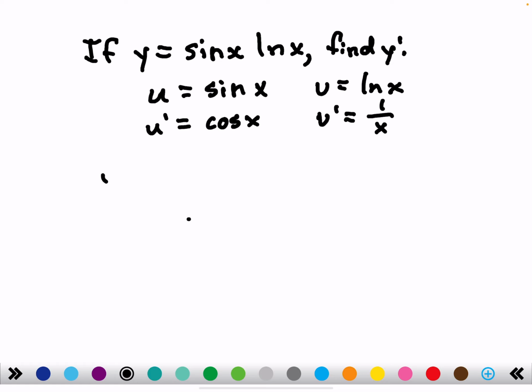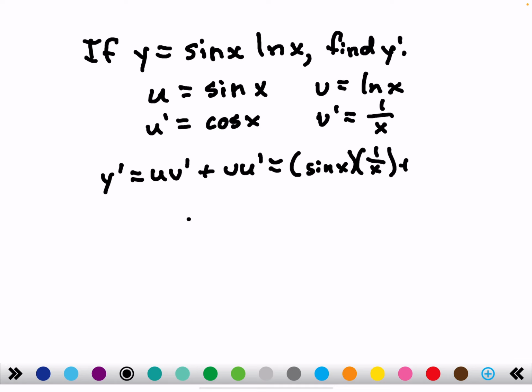So now we go to our formula. Y prime equals u v prime plus v u prime, or the first times the derivative of the second, plus the second times the derivative of the first. And now we just plug them in. So u is sine x times v prime, 1 over x, plus v is natural log x times the derivative of the first, which is cosine x.